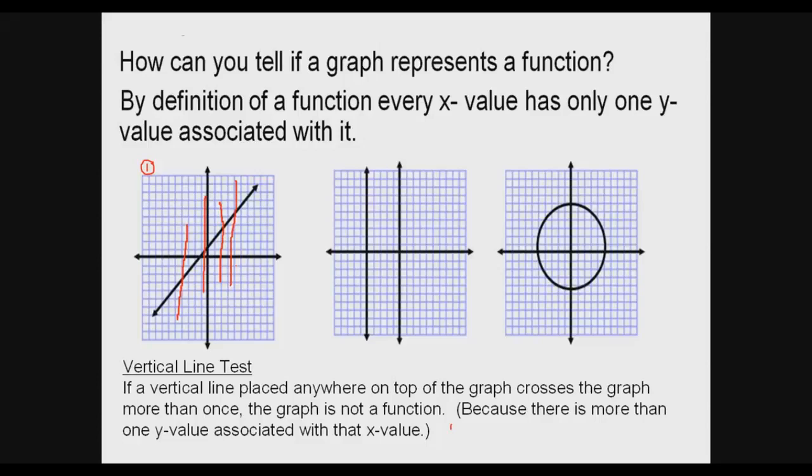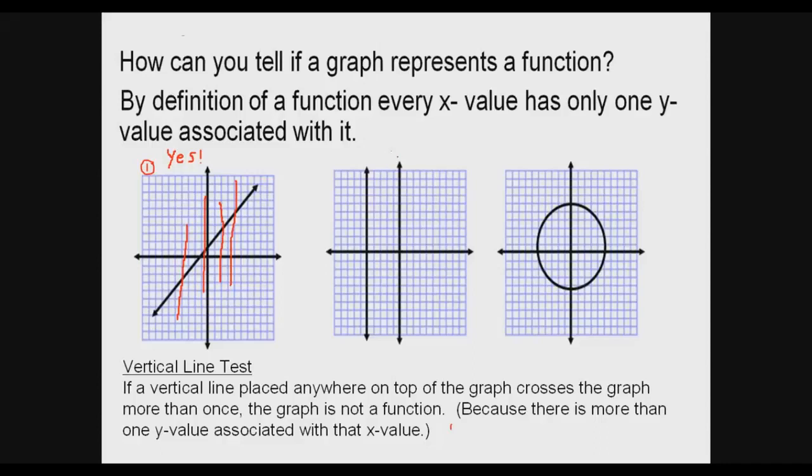If it crosses the graph in more than one place, it's not a function, because that means there's more than one y value associated with that x value. So these lines that we dealt with back in grade 9 are functions. So yes, this is a function.